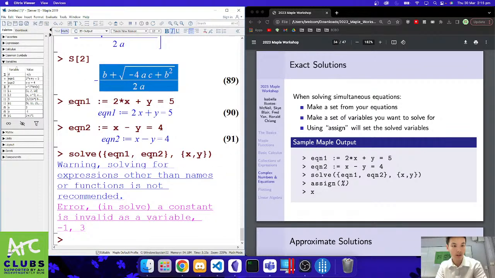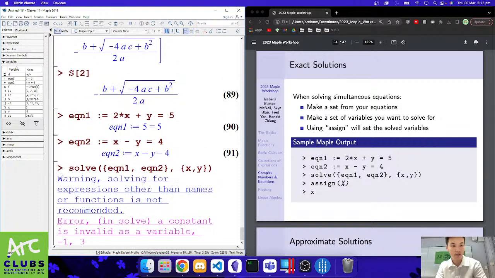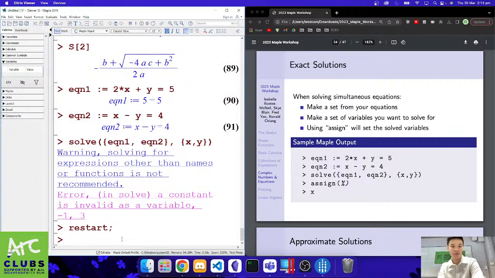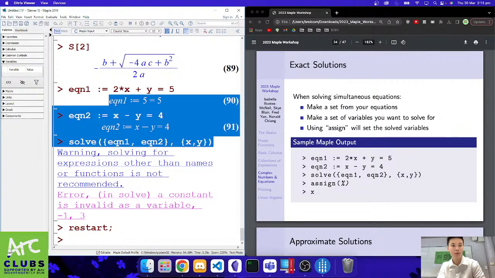Okay, let me restart here. Might be because we have set different variables. If you look at the left-hand side, we have a bunch of different variables already assigned. To just make things clean, we want to hit the restart command, and that resets all of the variables.